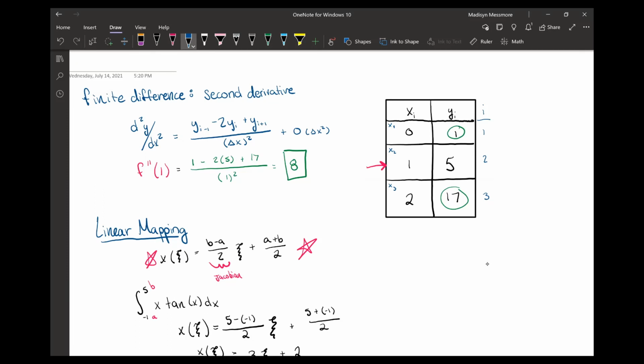So you couldn't be asked for the second derivative at your x sub 3 or your x sub 1, because you don't have the y value after for x sub 3, and you don't have the y value for the step before for your x sub 1.